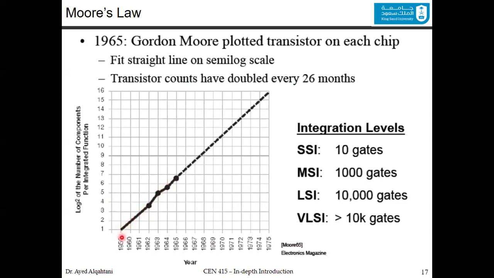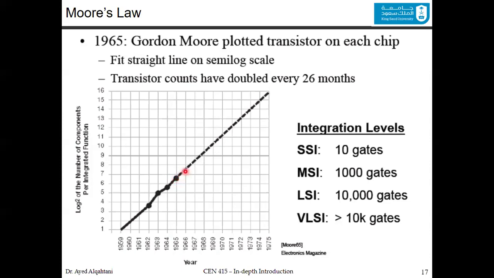As the years advance, he found out that the number of transistors is doubling every 26 months. So there was real data he was finding in the real world, and he was getting this data and showing it in the plot.